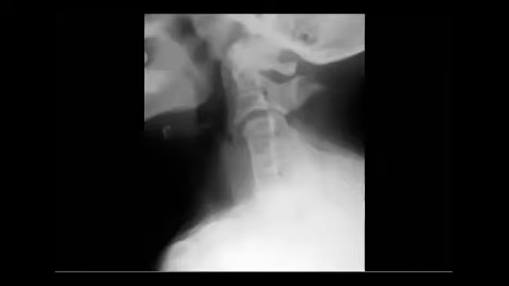When you find this appearance on a lateral radiograph, and maybe you can see that there is some fusion of segments of the vertebrae in a very young patient, what are you talking about?